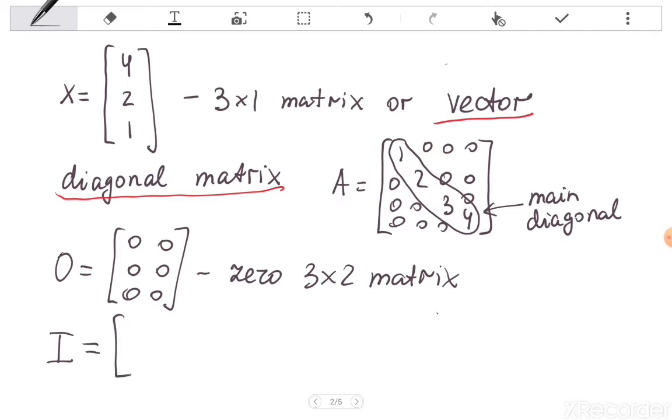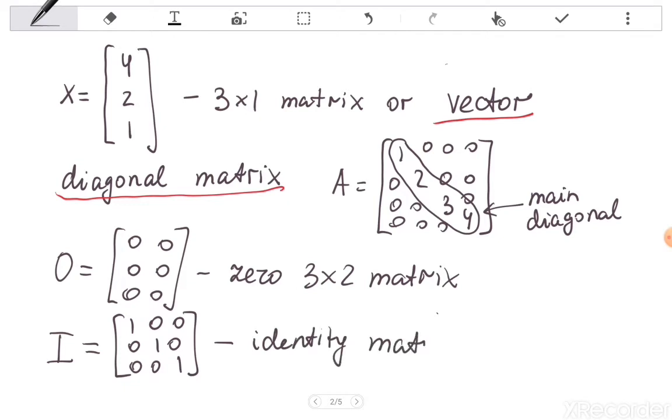So the identity matrix is the matrix where you have ones on the main diagonal and all other elements of the matrix are zeros. So this is identity. Okay, so we have the zero matrix and the identity matrix.